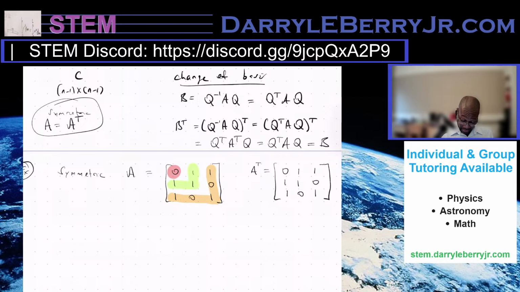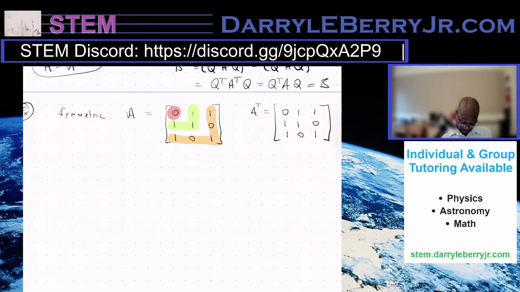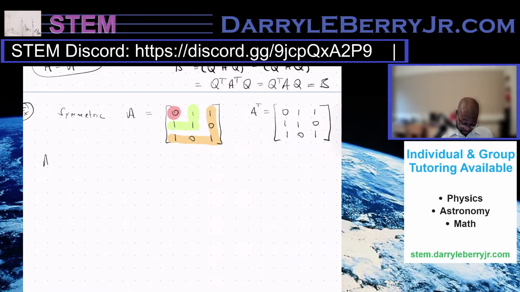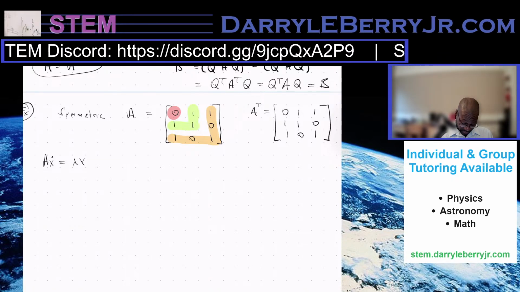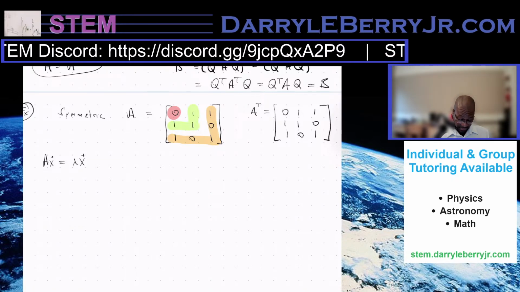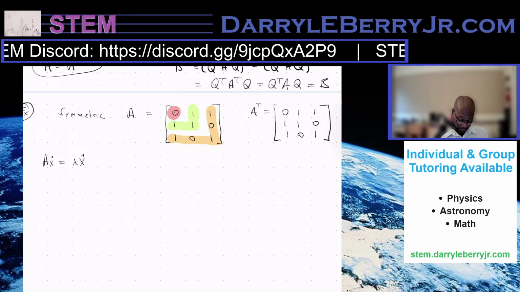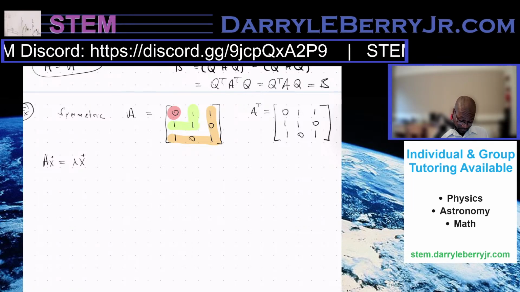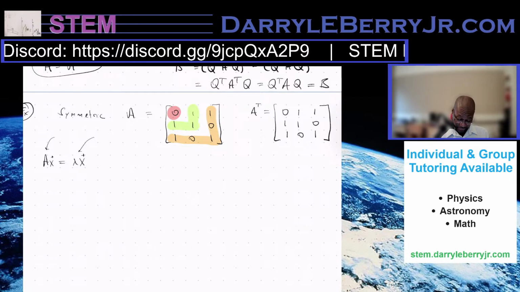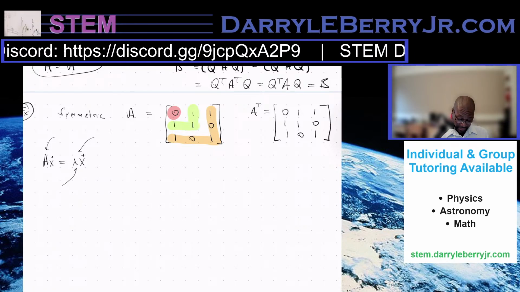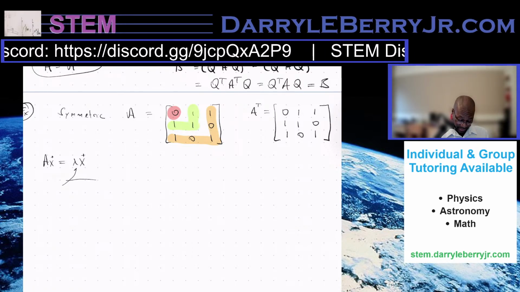So now let's find the characteristic polynomial. So AX equals lambda X for it to be an eigenvector and eigenvalue. So this matrix simply scales the vector by that value, which makes this lambda the eigenvalue and that X the eigenvector.